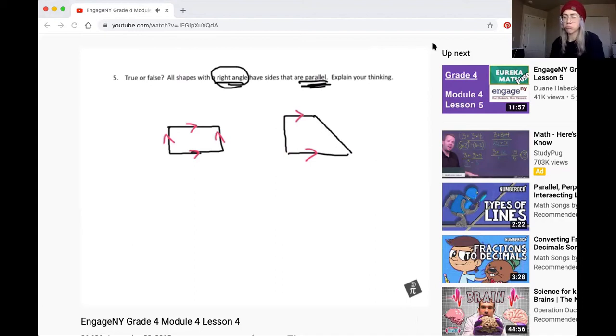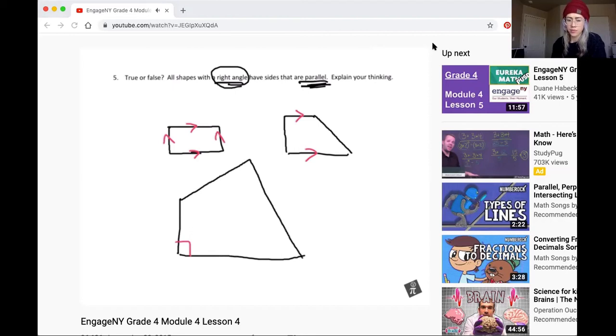I'm going to give an answer here. So if you don't want to give the answer away, hit the pause button. But here's one example. Here's my base. Here's my right angle, and I'm going to indicate that as a right angle by drawing a little thingy thing. And then, let's say I'm going to go up and then down like this. So there's a figure.